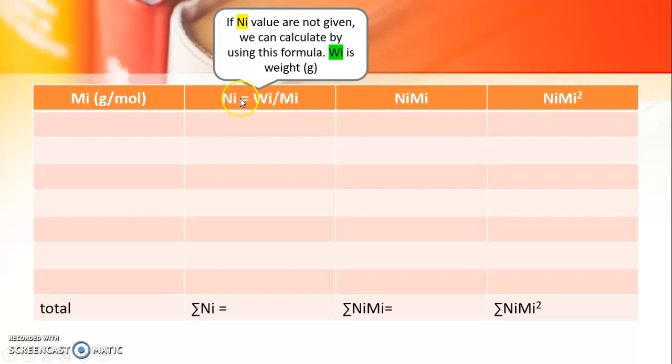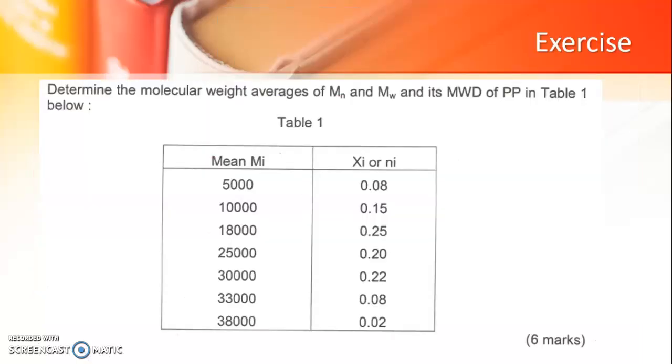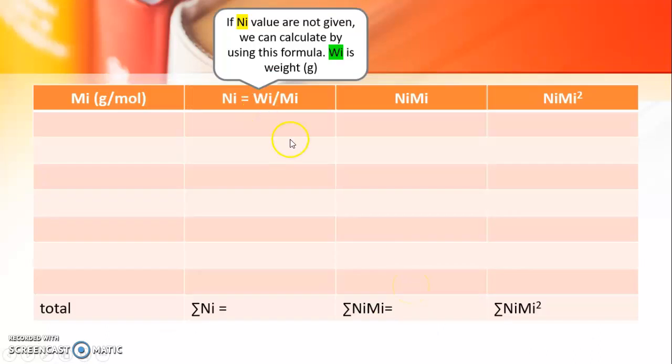If the question directly gives a Ni value, as in this question, you just copy this value into the next table. Also, Mi and Ni are given, so you just fill in this column by multiplying Ni with Mi.